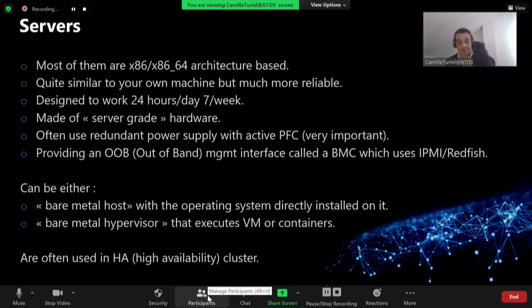Basically, to make it simple and short, a BMC should be managed using IPMI. I don't know of any BMC on the market that does not support IPMI.